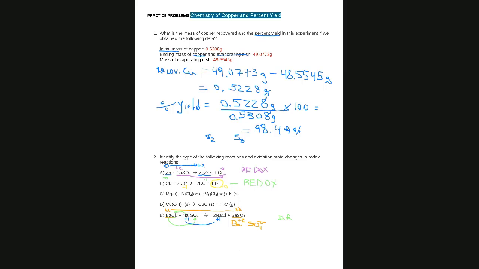Okay, so let's go to the C. What kind of reaction is C? Who can tell me? When you see a free element and here an element that is combined, see here the nickel? Yes, here it says decomposition.